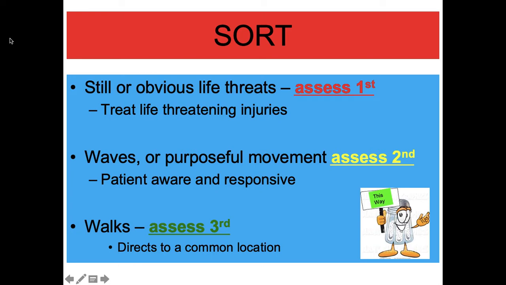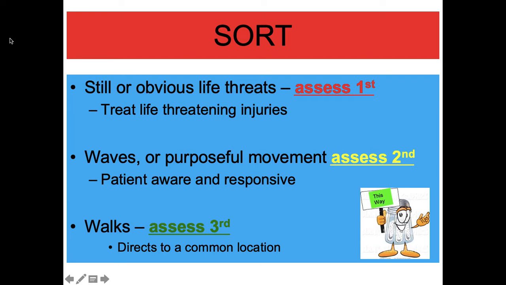Everyone else in that theater is now unable to ambulate for one reason or another. The next thing you want to do is say, everyone who can wave, I want you to wave. Those people who can wave have good mental status. They're able to follow commands. So those are not your primary goal.